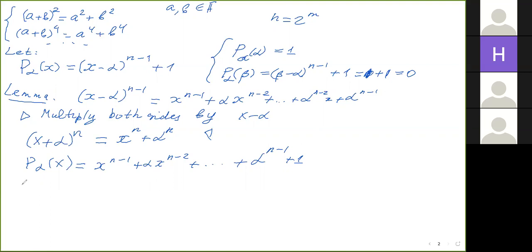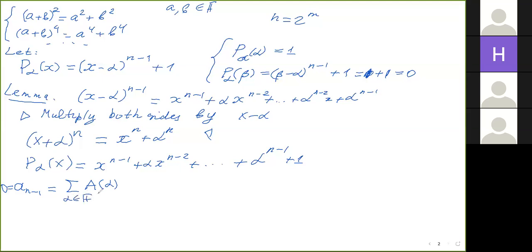So what is a n minus 1, which should be 0? a n minus 1 is the coefficient, this one. If we add such polynomials with coefficients A of alpha, then we will obtain just the sum of A of alpha. So this is the sum of all values of our polynomial.